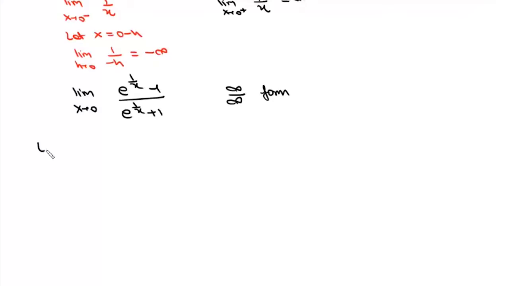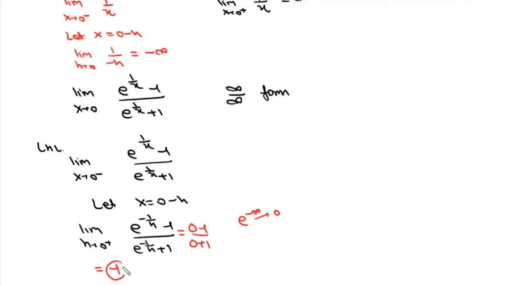Now if we write its left hand limit, then we'll write this as limit x tends to 0 negative e to the power 1 upon x minus 1 upon e to the power 1 upon x plus 1, and we'll let x as 0 minus h.